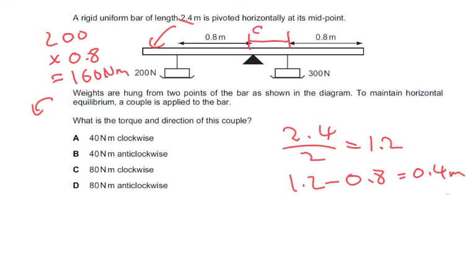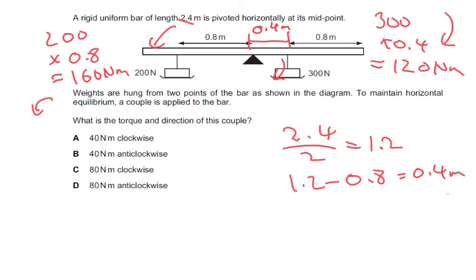So going this way, we've got 300 times 0.4, which is 120 Newton meters. So we've got 160 going counterclockwise and 120 going clockwise.